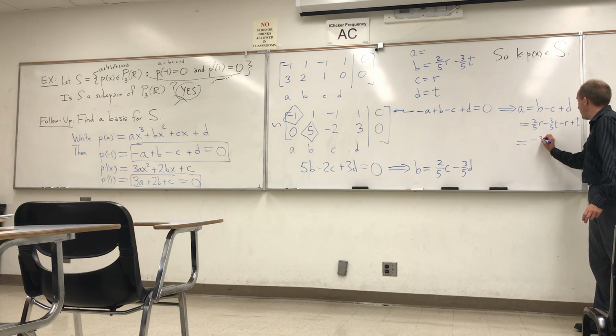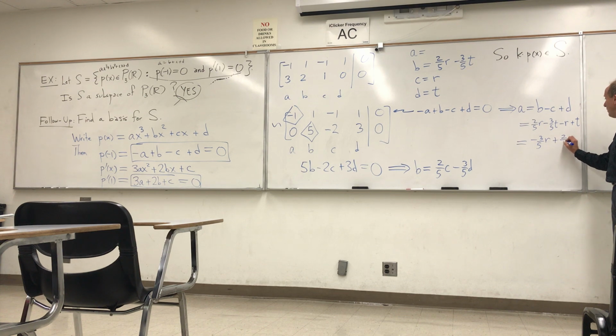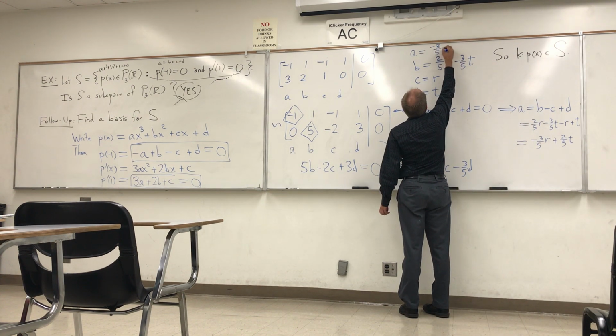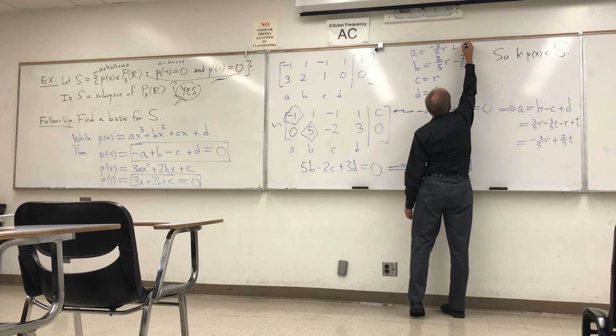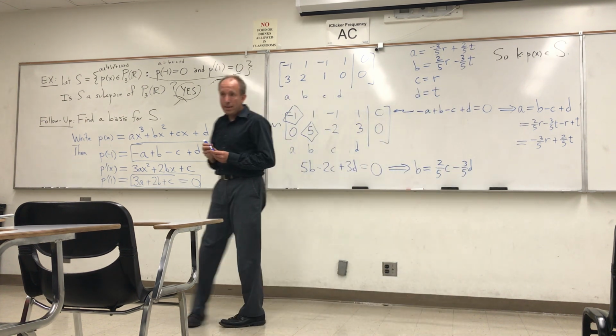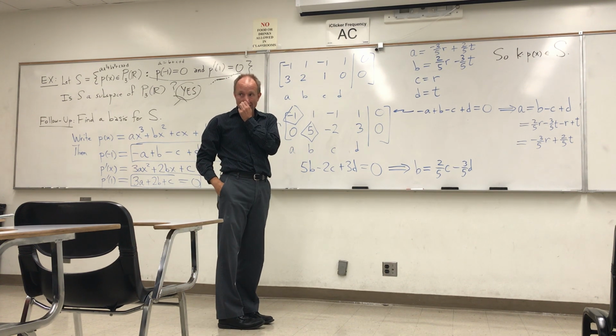This is going to be negative 3/5 of R plus 2/5 of T. So I get negative 3/5 of R plus 2/5 of T. That's the A variable. So far, so good?